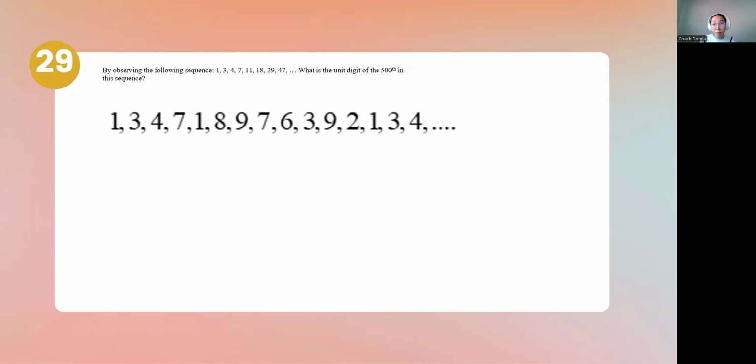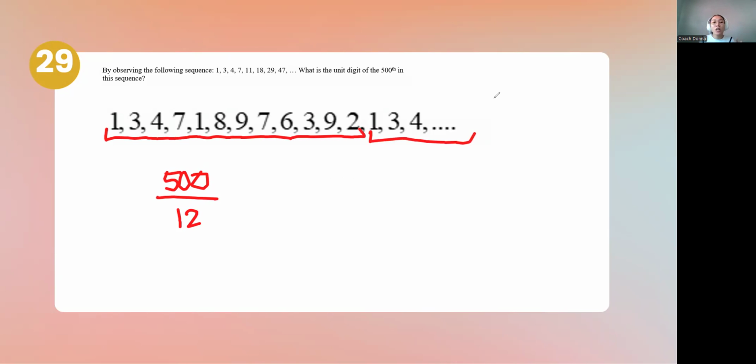There are 12 numbers in that pattern. So what we're going to do is 500 divided by 12, because we're just going to repeat it. 500 divided by 12, we'd get an answer of 41, remainder 8.